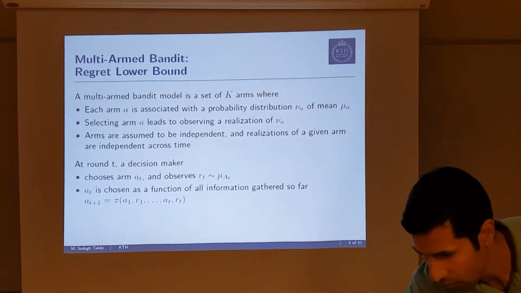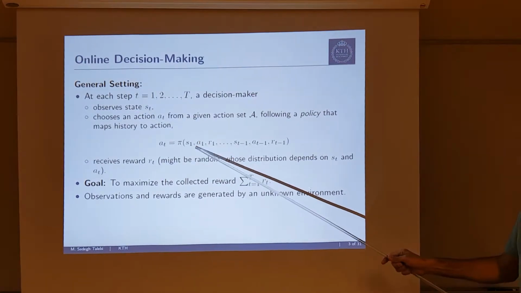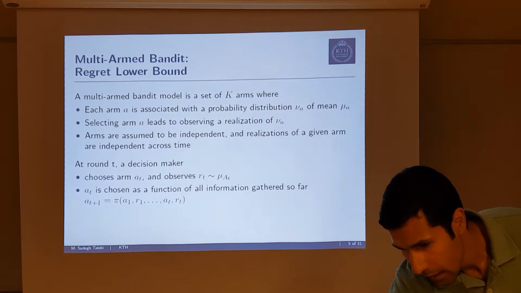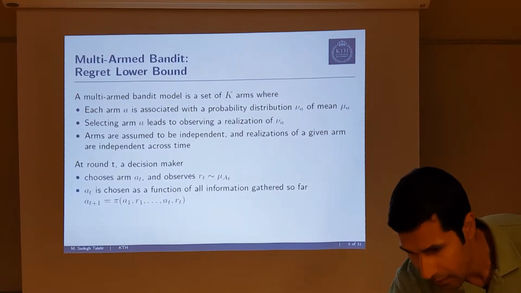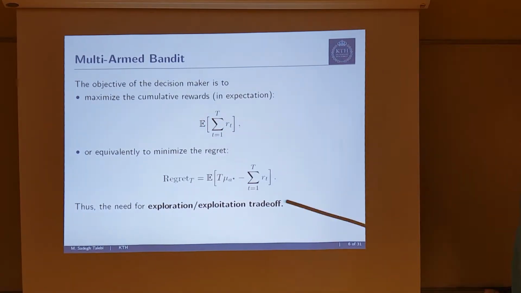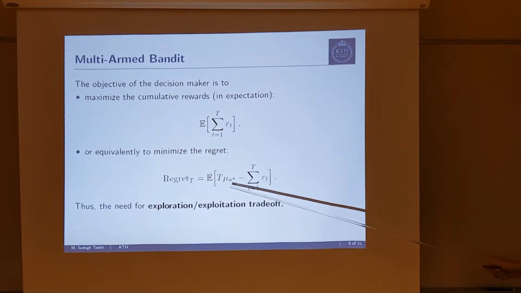This is just similar to what we said here, right? But here you have a notion of a state. In stochastic bandits, you don't have a notion of a state. This was the stochastic bandit model we discussed last time. This is the goal, to maximize this, or equivalently to minimize this regret.